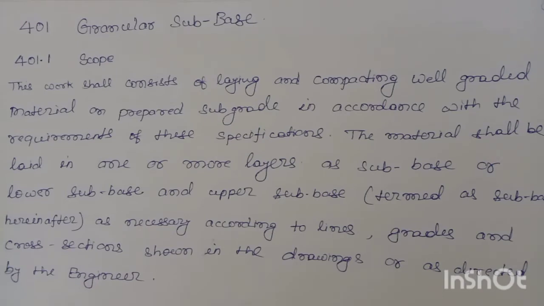The material shall be laid in one or more layers as sub base or lower sub base and upper sub base, termed as sub base hereinafter, as necessary according to lines, grades and cross-section shown in the drawing or as directed by the engineer.